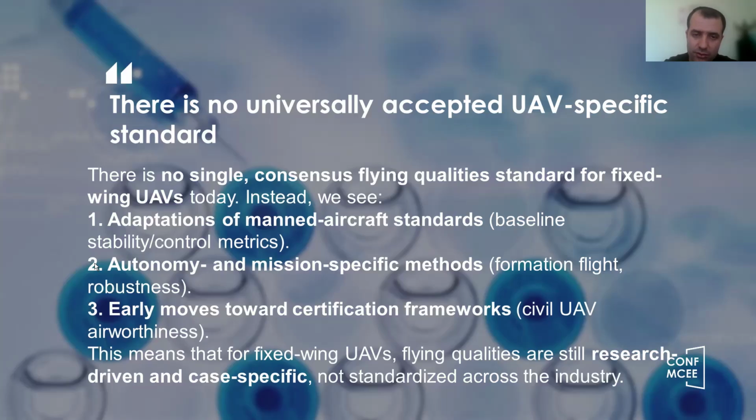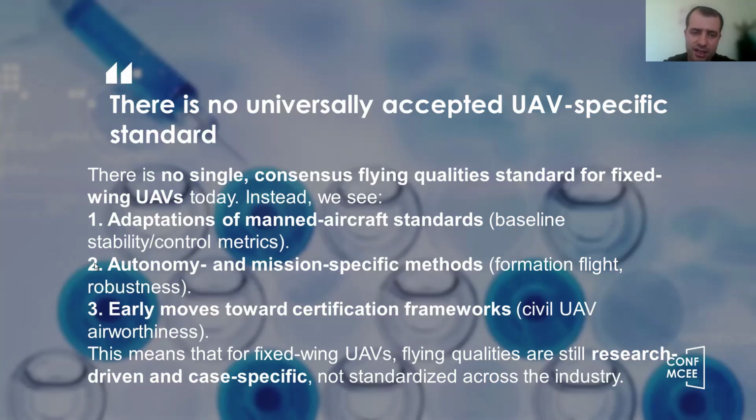Holmberg et al. showed that traditional manned aircraft specifications are not sufficient for UAVs, since they were built around pilot-in-the-loop performance. They called for entirely new criteria and design standards tailored to UAV operations.